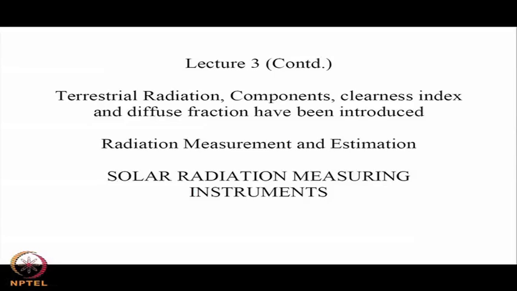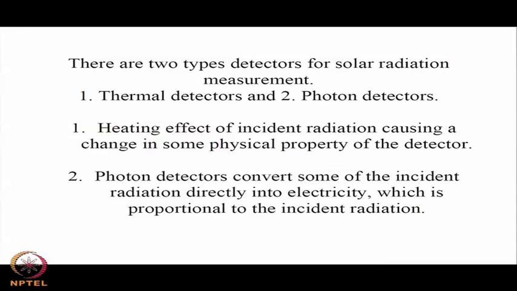radiation component. So, before that we need to know how to measure solar radiation or estimate in terms of other perhaps more easily and more widely measured meteorological or other variables.